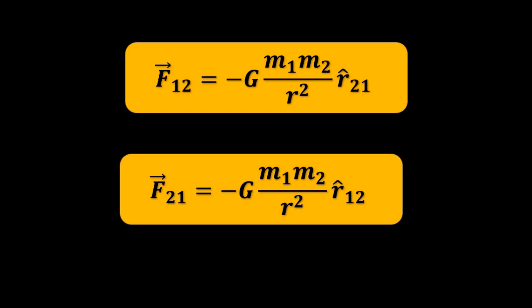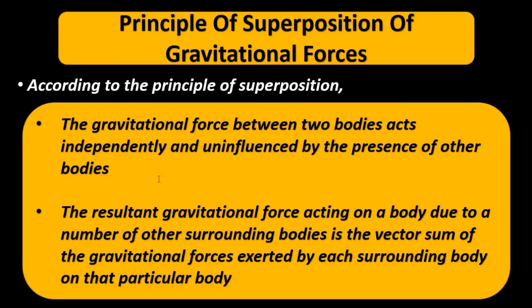So these are the two important points of the principle of superposition of gravitational forces. The gravitational force between two bodies is independent and uninfluenced by the presence of other bodies. The resultant gravitational force acting on a particular body is the vector sum of gravitational force exerted by the surrounding bodies on that particular body.